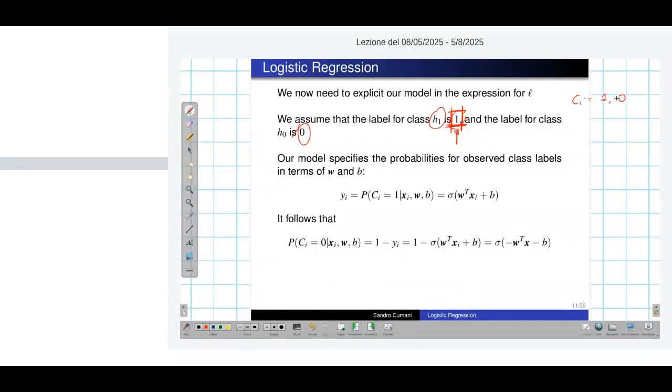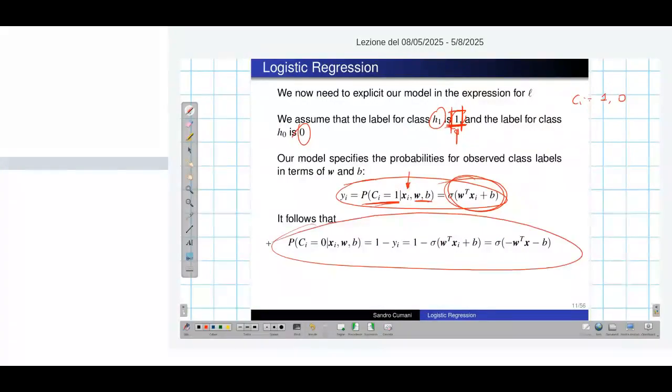Our model gives us the probability that the class is 1 given a sample. This is described by our model. If I plug in an xi value and a set of model parameters, this is the value that the model computes for the posterior probability of class 1. And for class 0, we have seen that it's the opposite.